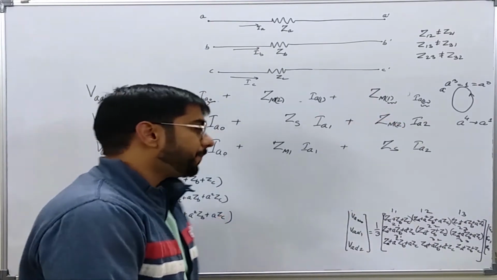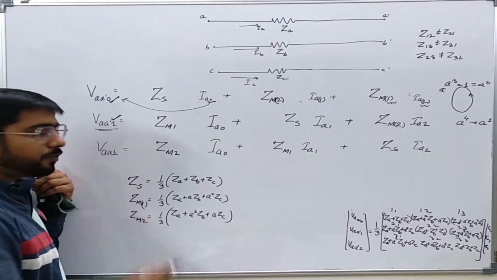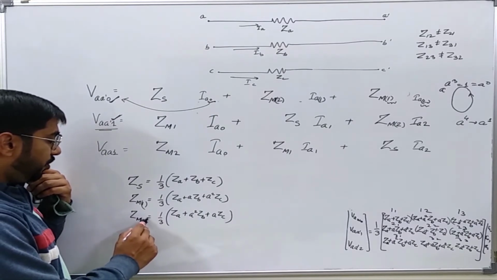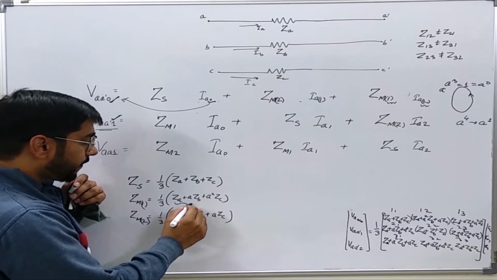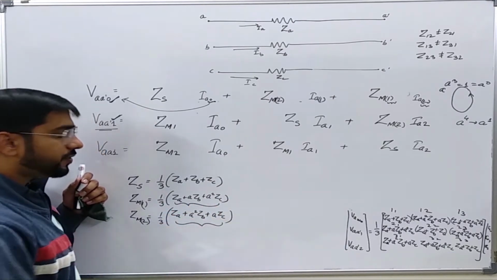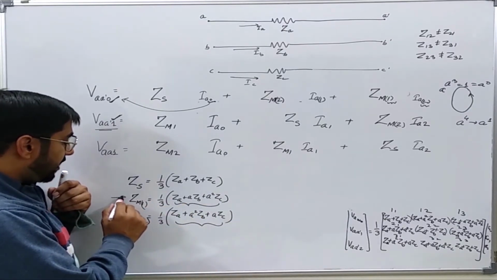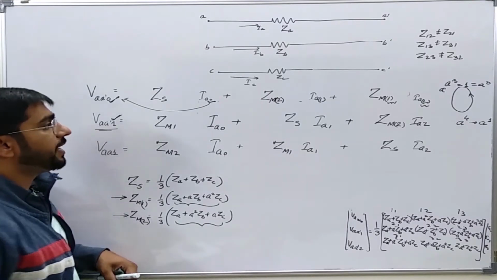It is very easy. ZM1 is called the mutual positive sequence impedance and ZM2 is called the mutual negative sequence impedance. So in this way I can easily remember it as mutual positive sequence impedance, mutual negative sequence impedance.